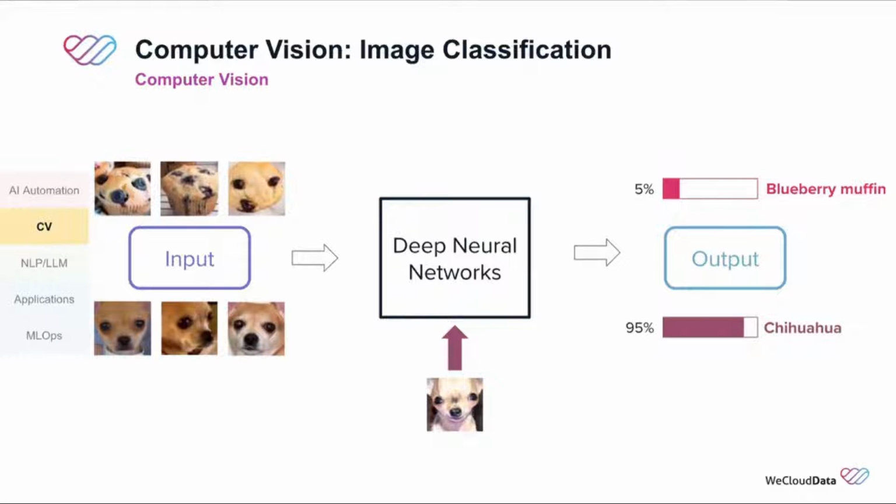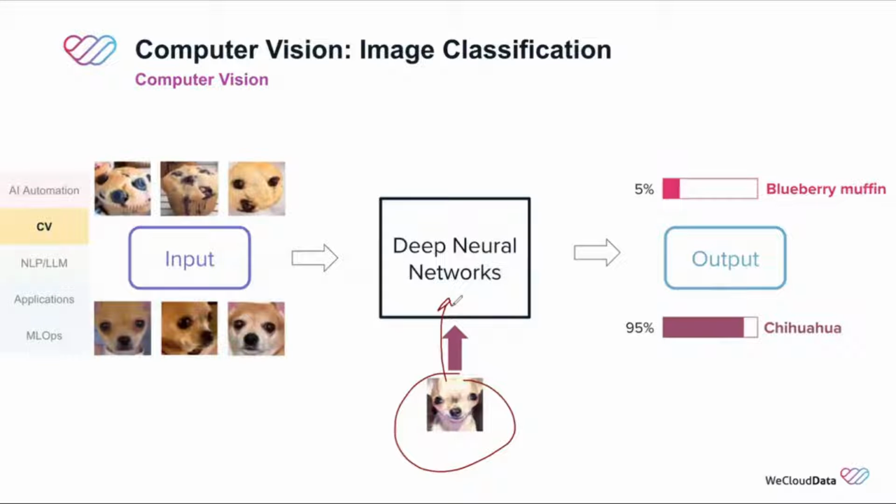And after the model has been trained, it sort of understands how to represent a dog image or a blueberry muffin image. It's some sort of automatic feature extraction tool. So when you feed a new image, this Chihuahua image, the deep neural network, which is a trained model, has learned from a lot of images, right?